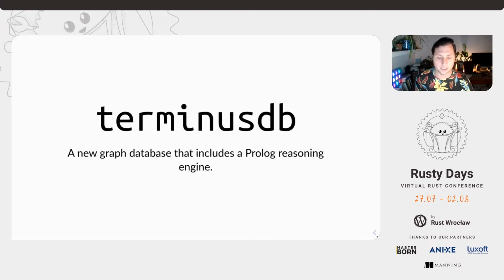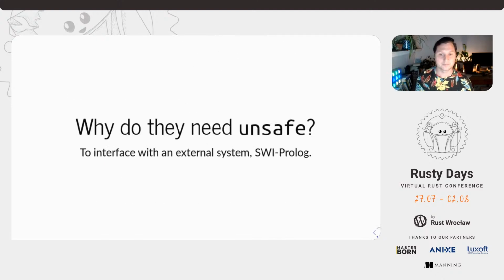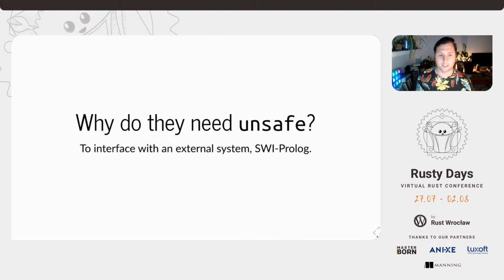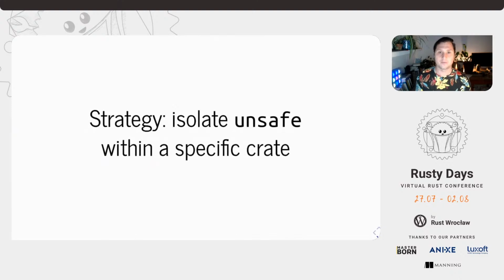So again, here is another project which is far less well known, which I think is really interesting. There's a new graph database actually being developed out of Ireland, and inside it, the storage engine is written in Rust, but the reasoning engine is written in Prolog. Now, they need unsafe because they're interfacing with this Prolog implementation. And how have they done that? They have gone further than isolating at the module boundary.